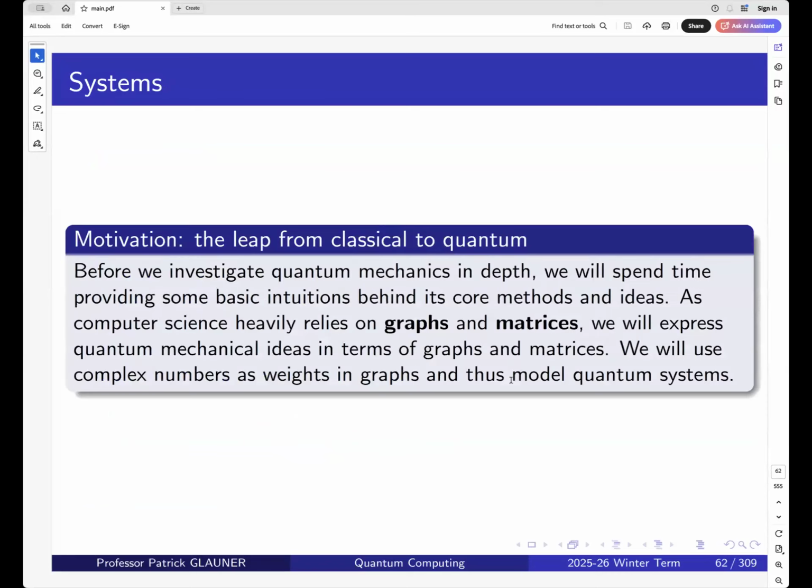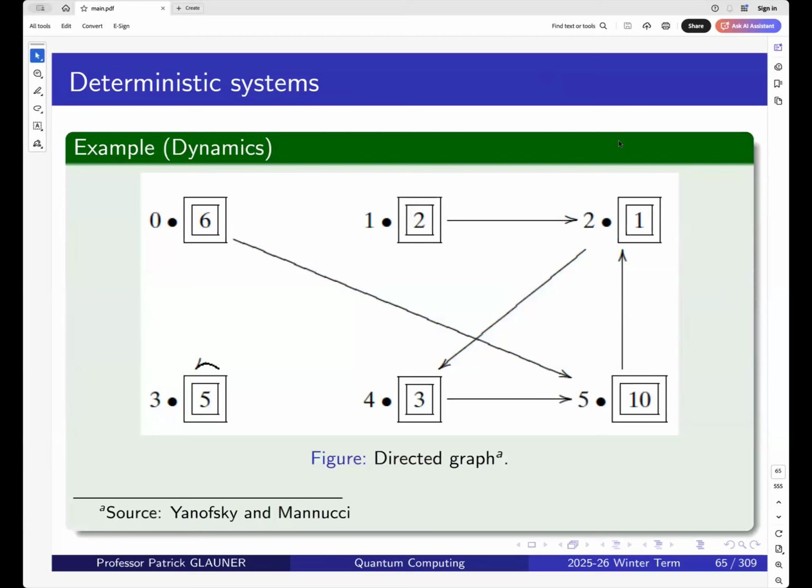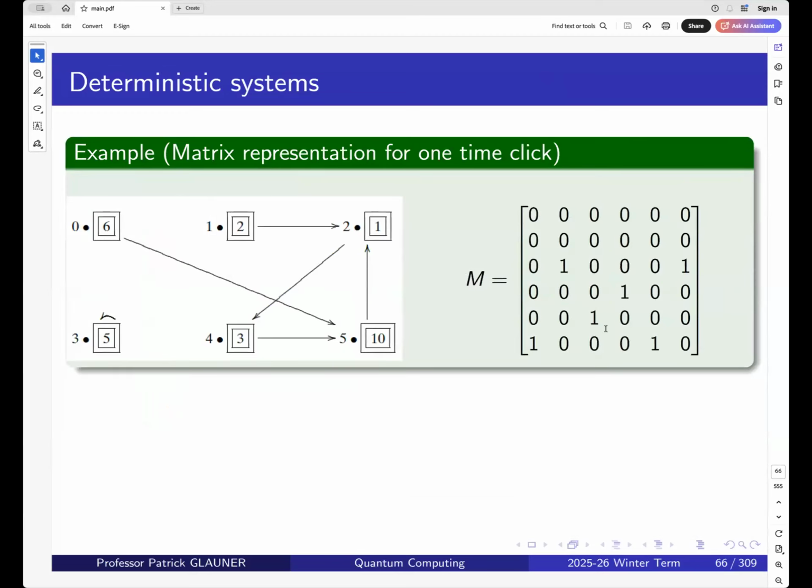And we started with very simple systems, which are deterministic systems where we have a certain number of marbles, and we saw how we can represent this state as a vector, and then we can move around the marbles in various time clicks. And we described these dynamics in the system with a matrix, where the order of rows and columns is crucial.